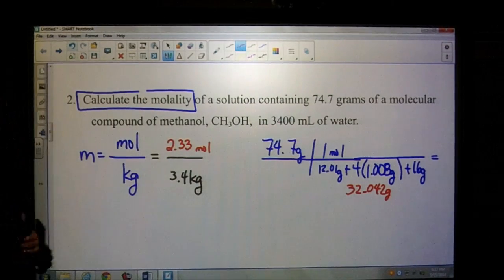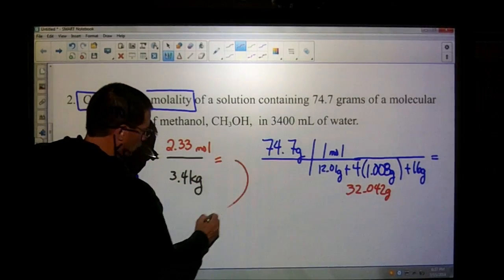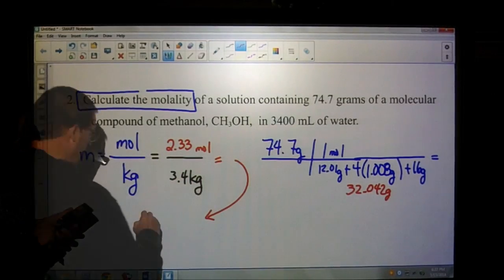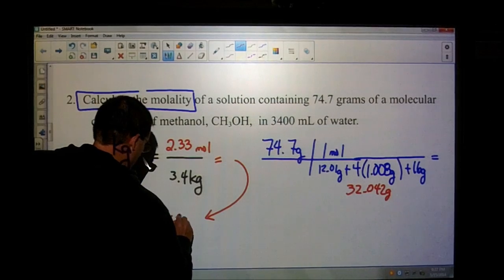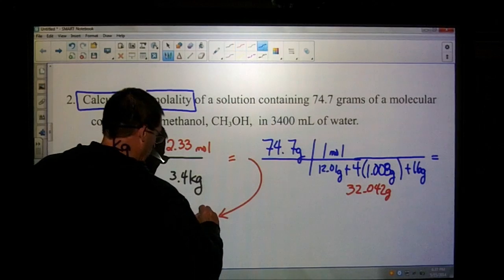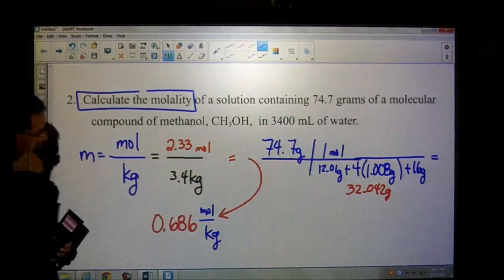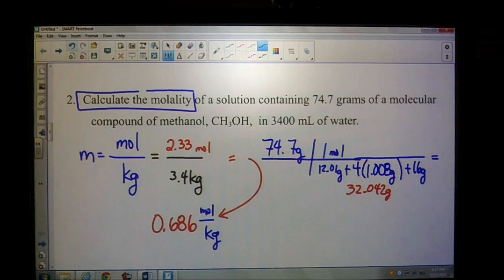Okay. So now I have my proper units, moles over kilograms. So let's find out what that molality is. 0.686. That again is moles over kilograms. It's probably better to write it that way than little m.